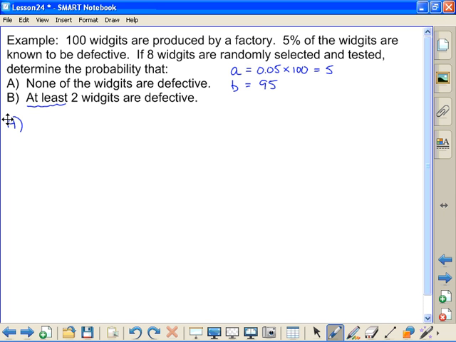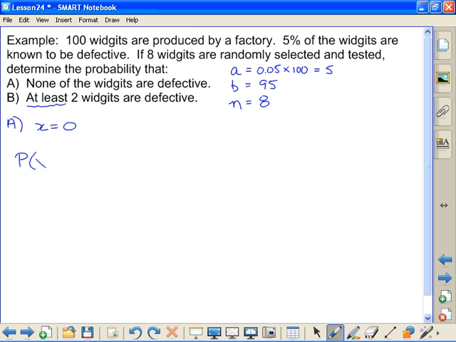Our N value in this case, we want to determine the number selected. We are selecting 8, and the X value will depend on the question. So for A part, none of the widgets are defective. So that means that our independent variable, defective widgets, in this case, will be 0.